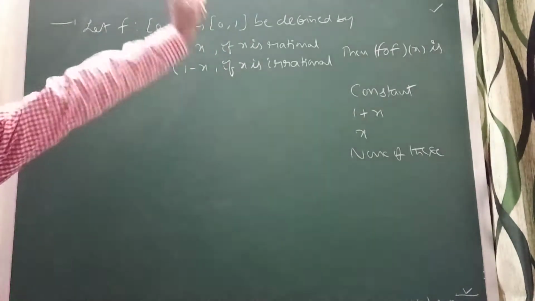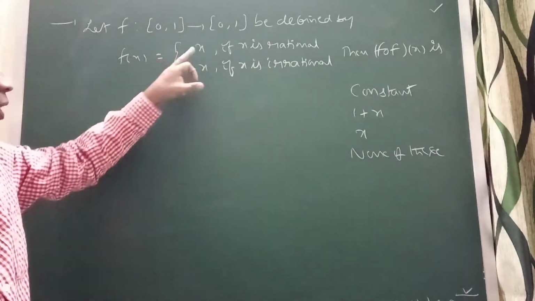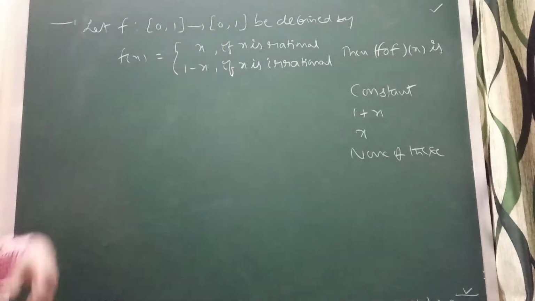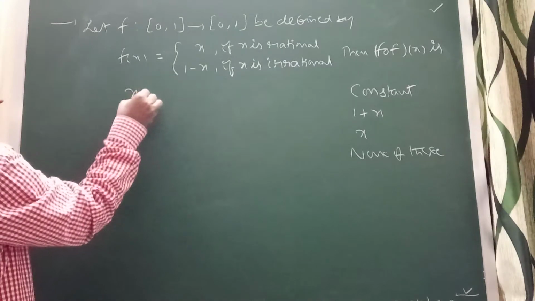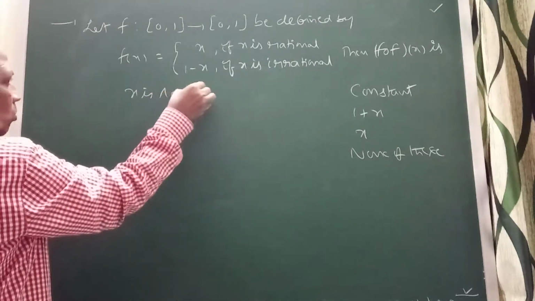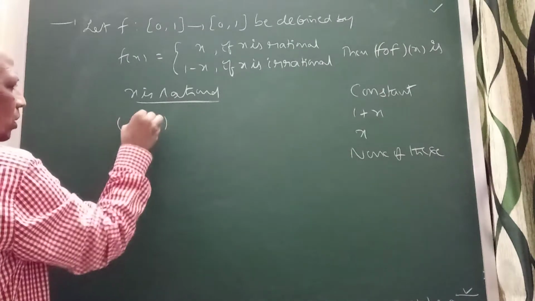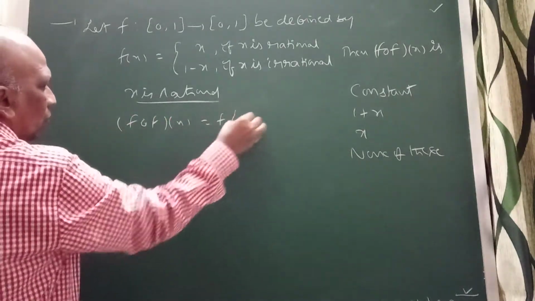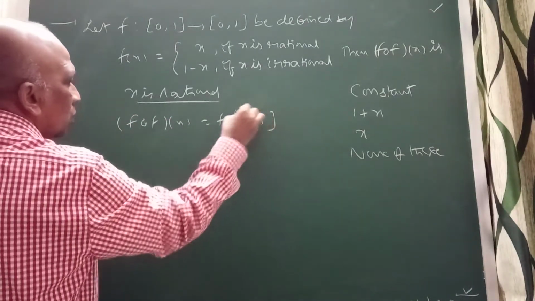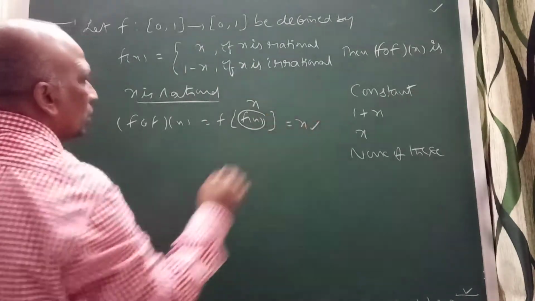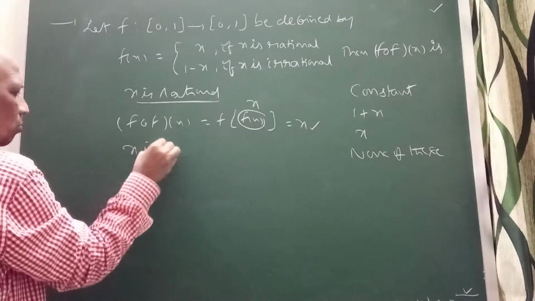Now it is given that f of x is x if x is rational, and 1 minus x if x is irrational. Again, what is the composite function? Suppose x is rational. Then f of x is x, and again f of x is x. Suppose x is irrational.